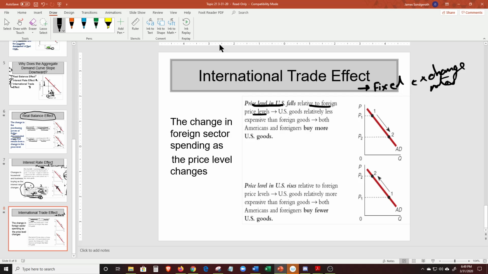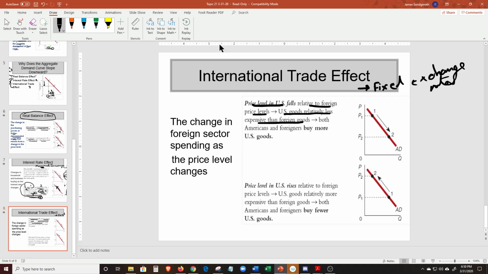So if it is fixed and the price level falls, then U.S. goods are relatively less expensive than foreign goods. So Americans will stop buying foreign produced goods because the domestically produced ones are cheaper now compared to the foreign ones. And even if the foreign goods haven't gone up in price in their own currency, like yen or pounds or euros, it takes more dollars to buy them.